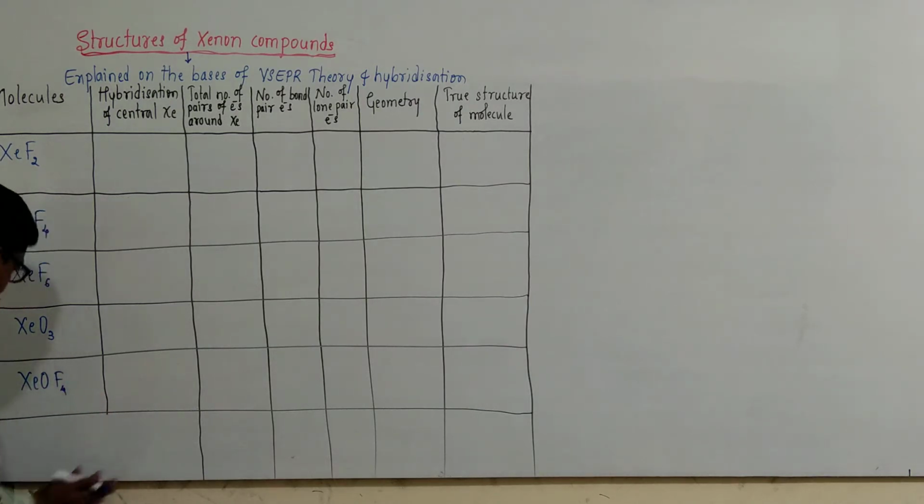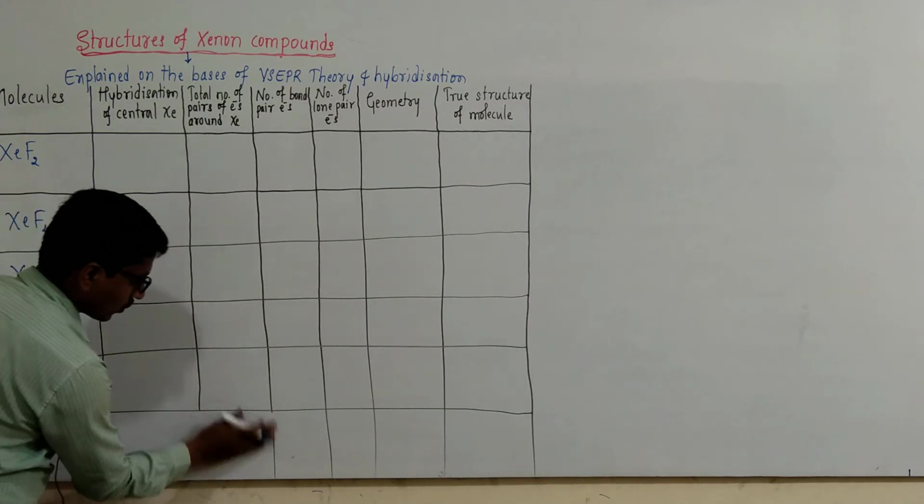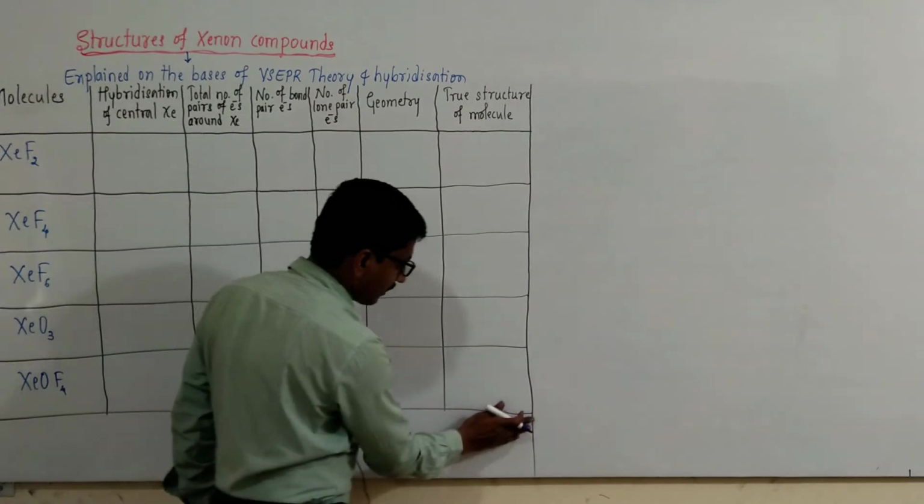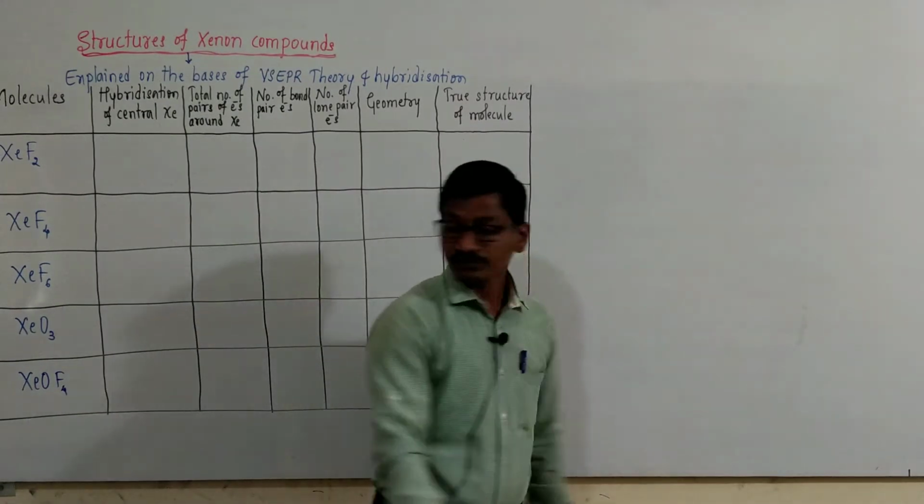These are the 5 important compounds and their structures and their hybridization.